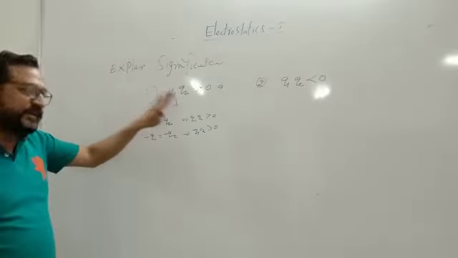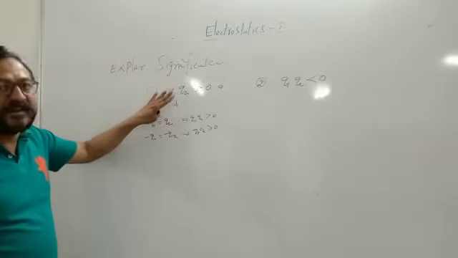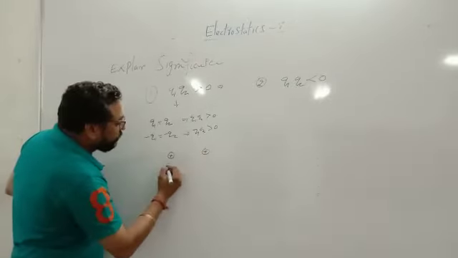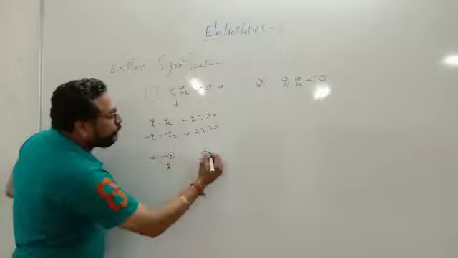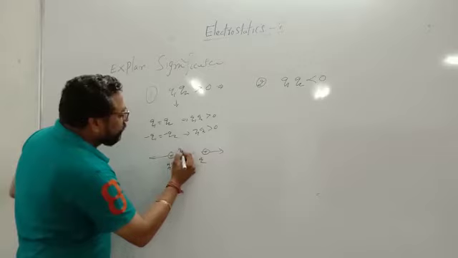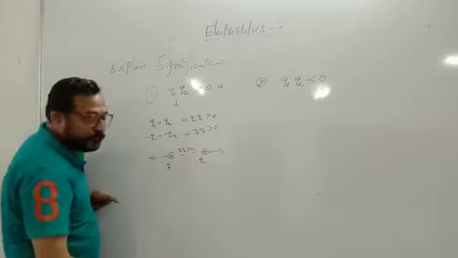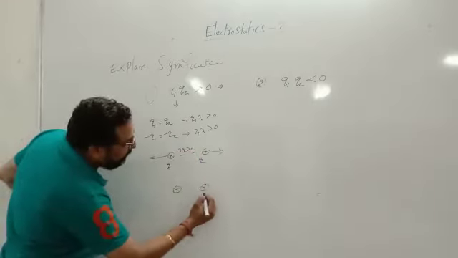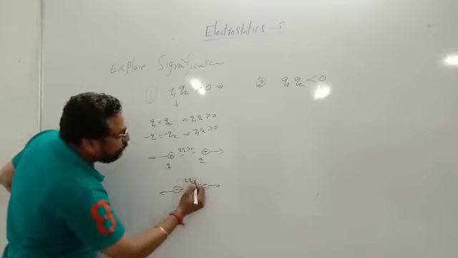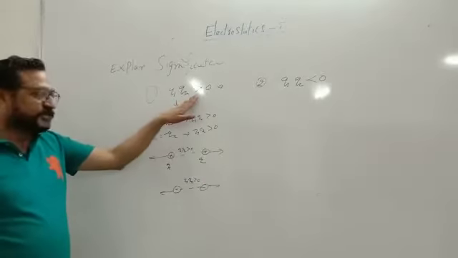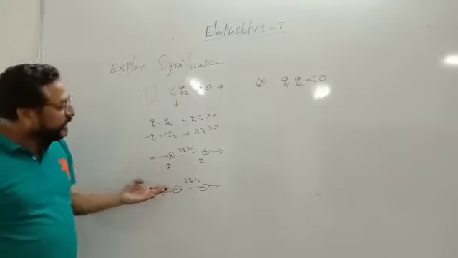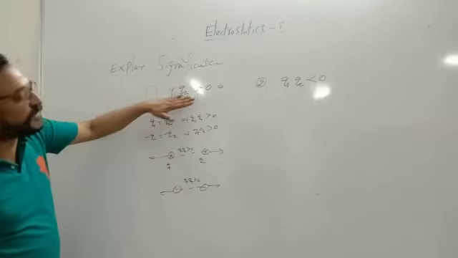The significance is that both charges are similar in nature. Plus Q1 and Q2 move away in this way, or both are negative charges, again moving in this direction, and Q1 Q2 is more than 0. Both charges are similar in nature.